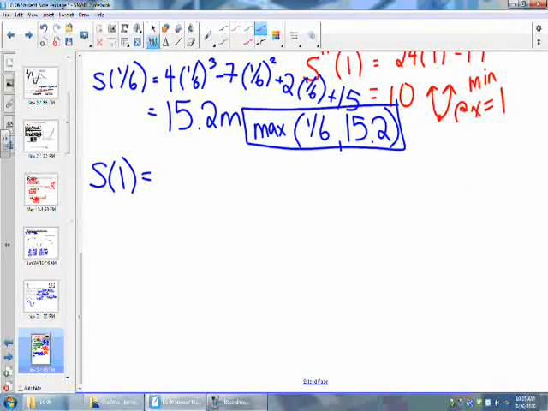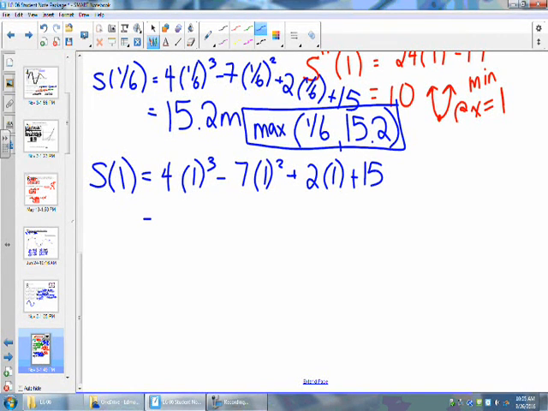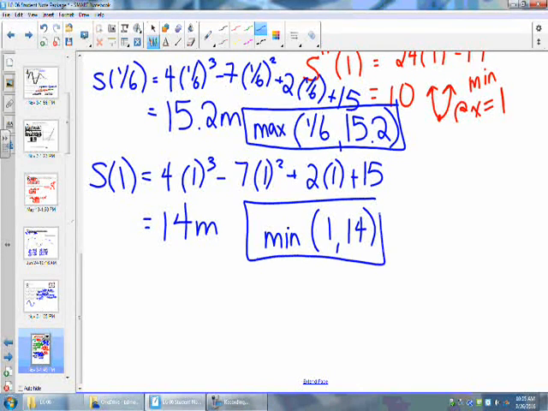So we're going to do the same thing. So 4 times 1 cubed minus 7 times 1 squared plus 2 times 1 plus 15. When you evaluate that, you're going to get 14 meters. And that obviously is going to tell us that we have a minimum value at 1, 14.